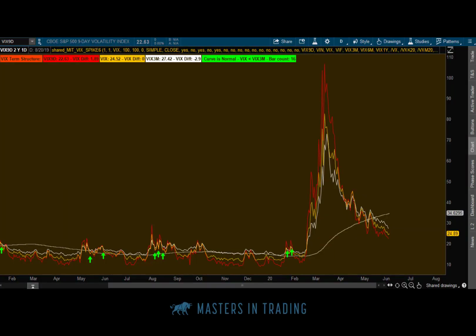So let's first start and talk about why we got a trade signal. The VIX tool looks at the VIX in 3 different time frames. So we have the VIX for 9 days, the VIX for 30 days, and this is what you're probably most familiar with.